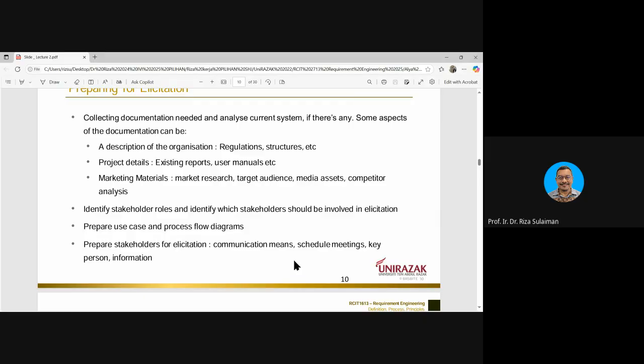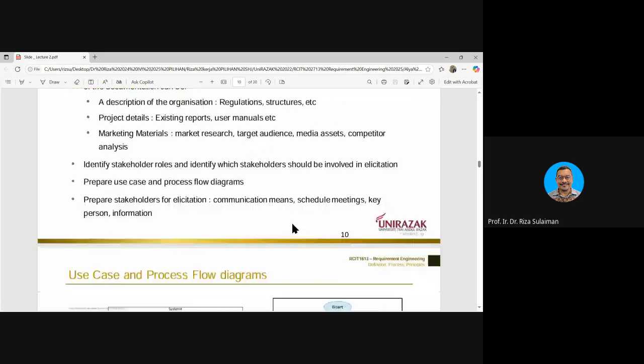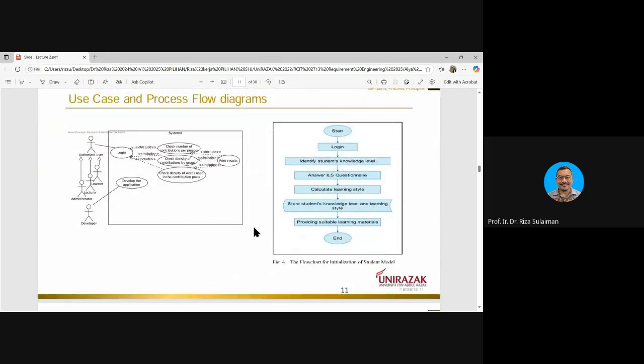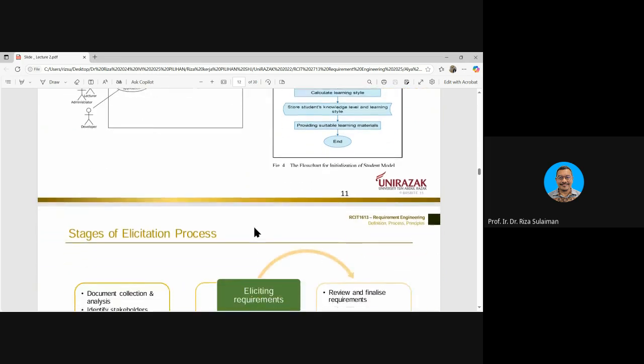Documentation can include a description of the organization, including its regulations and organizational structures, and then the project details, existing reports or user manuals, and of course marketing material. These are important things to prepare when collecting data. The use case process will be discussed in our tutorial session, so we'll look at it later.